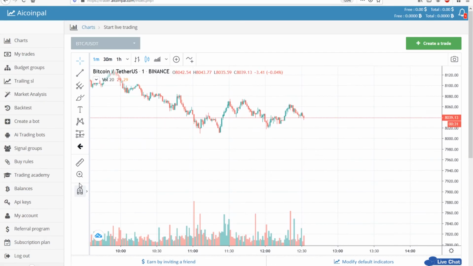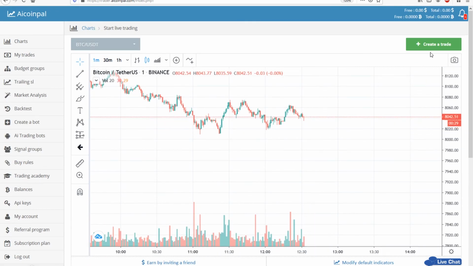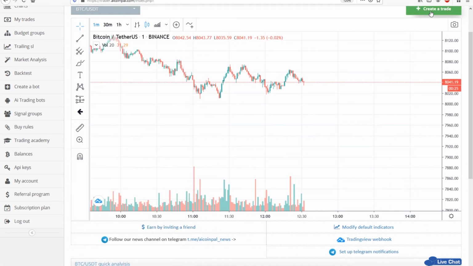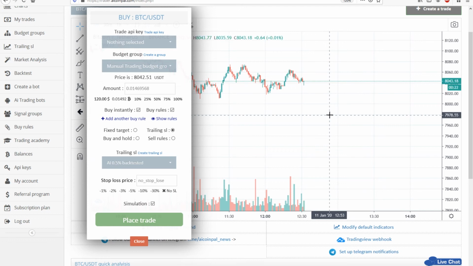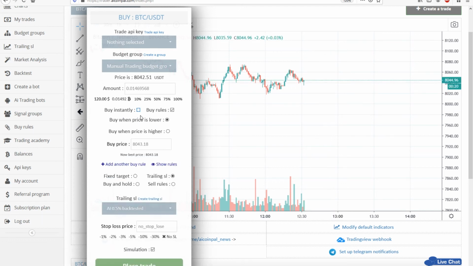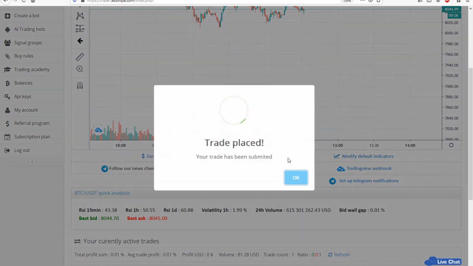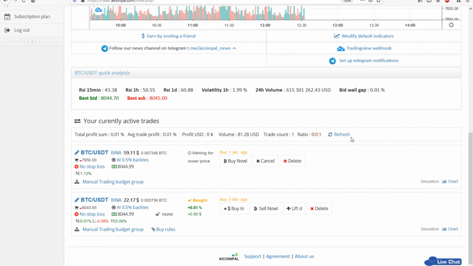You can establish a trading strategy with several trades in front. Let's say you want to buy at 7978. You just click buy when price is lower, 7956, and the system automatically detects how much budget it can use: no stop loss, simulation mode, use tight trailing stop loss, and the deal is placed.